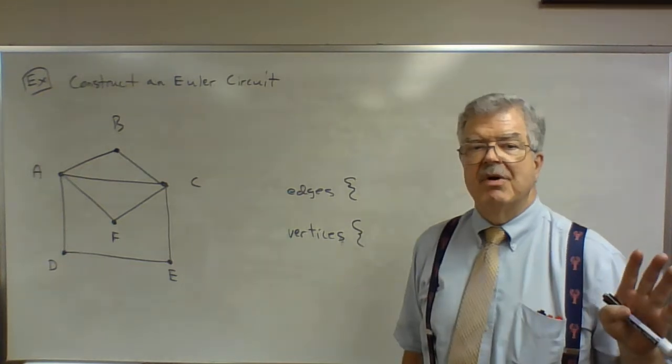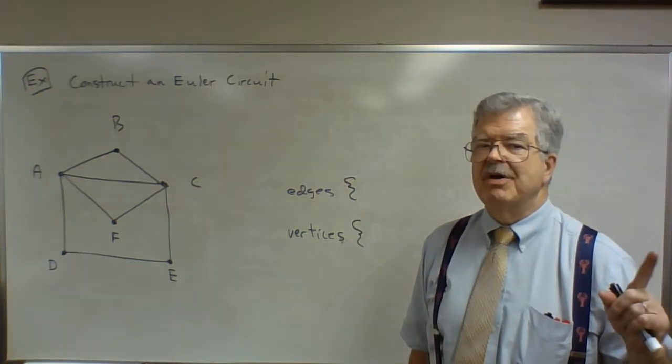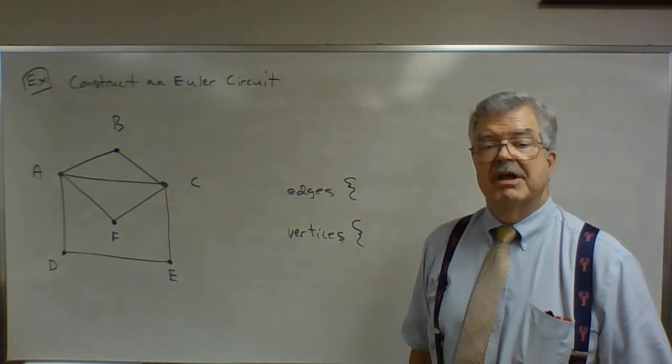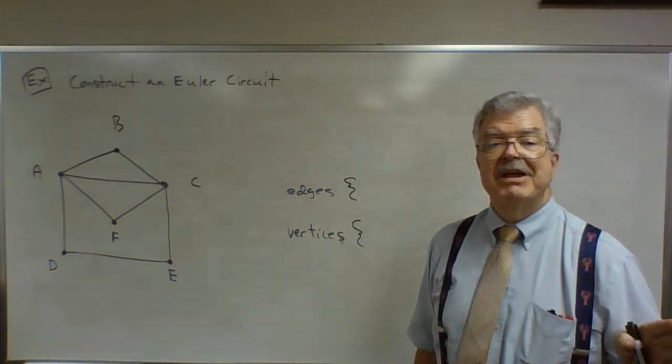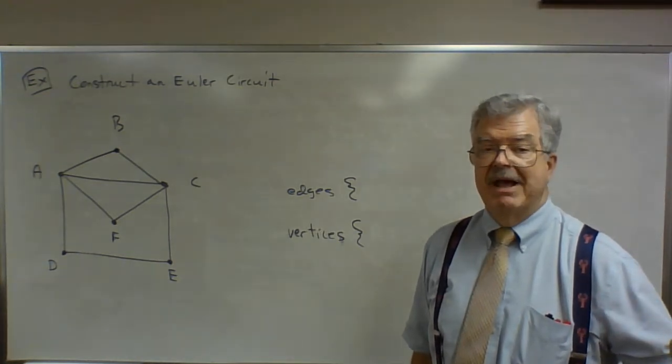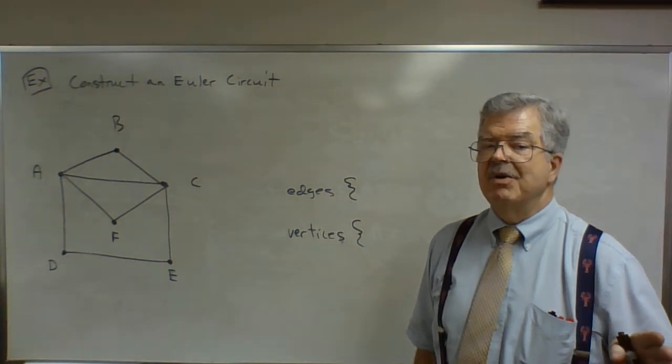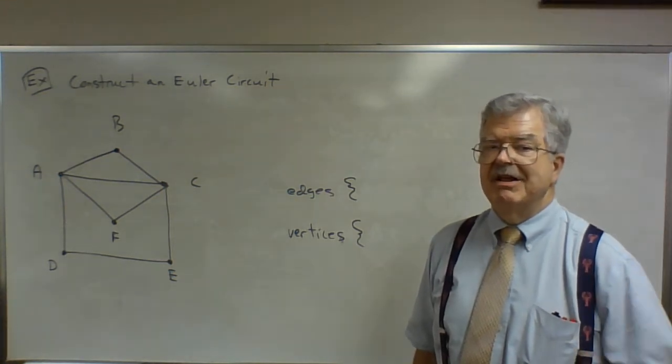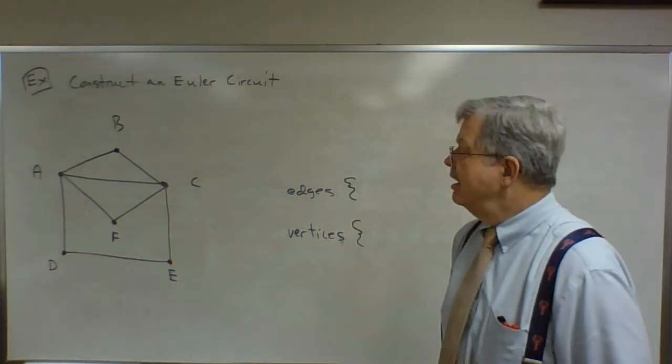And if I can't draw an Euler path, I can't draw an Euler circuit either, because an Euler circuit is a special kind of Euler path. So if I can't draw an Euler path, I definitely can't draw an Euler circuit.